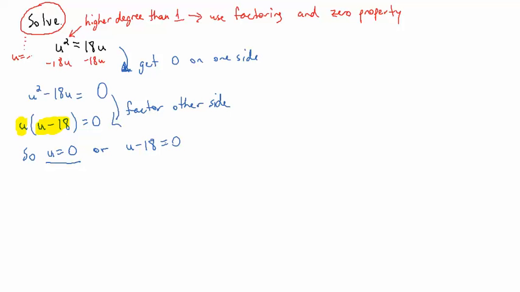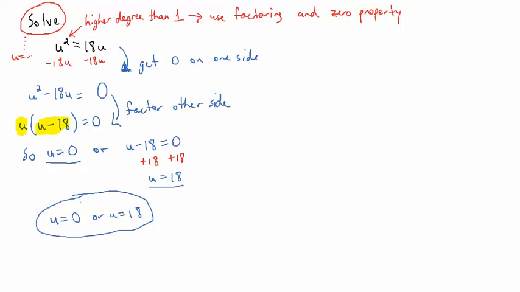Over here, u minus 18 equals 0 tells us that if we add 18 to both sides, u could be 18 also. So we get two answers here, u equals 0 or u equals 18. Those are the two values for u that make the original equation a true statement. And you could check that by plugging 0 in for both u's to see if it's true, and then plugging 18 in for both u's to see if it's true.